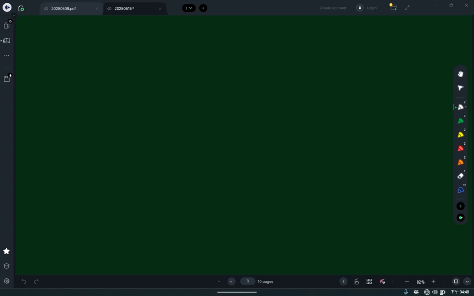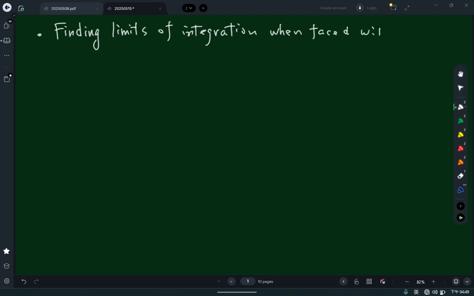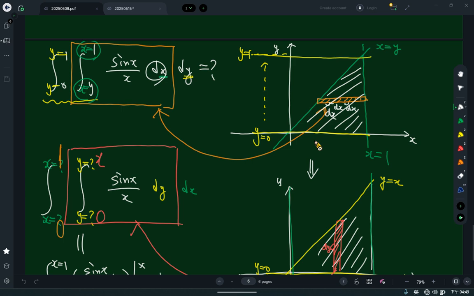So we are trying to find the limits of the integration when we just face evaluating double integral f of y dA, then we focus on some region R. So region R means here.